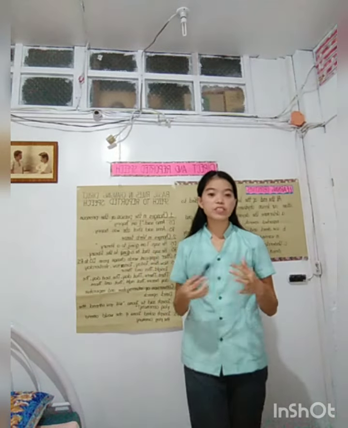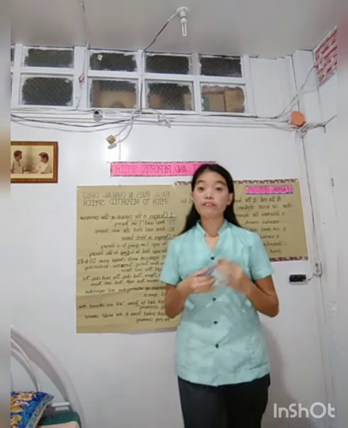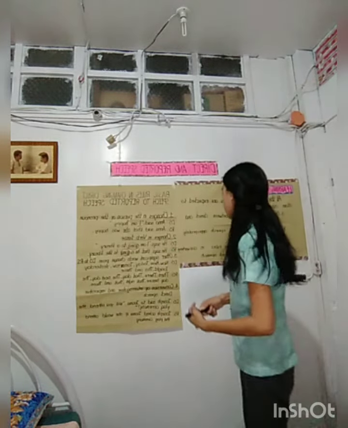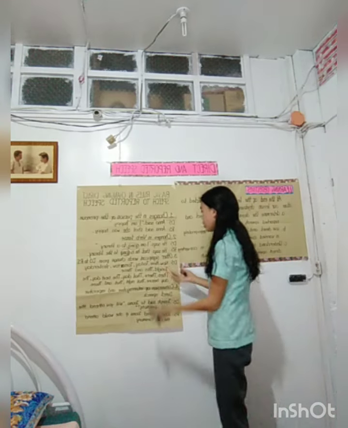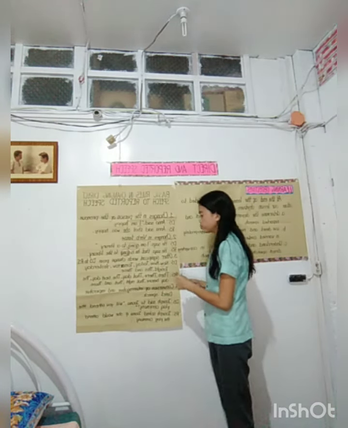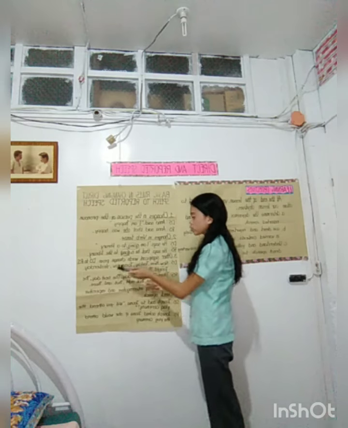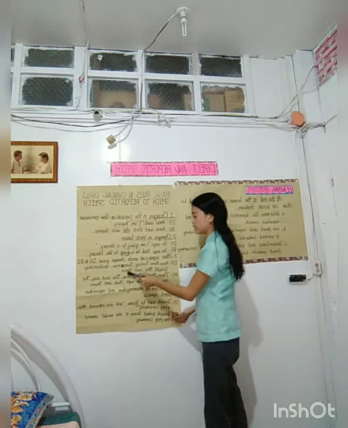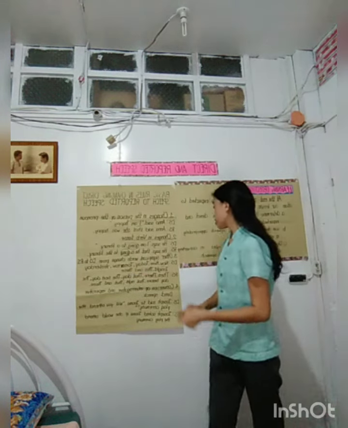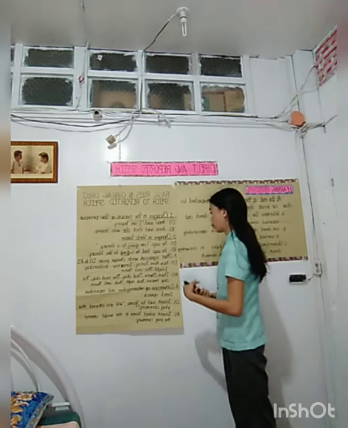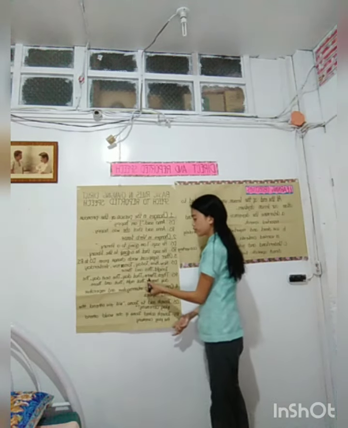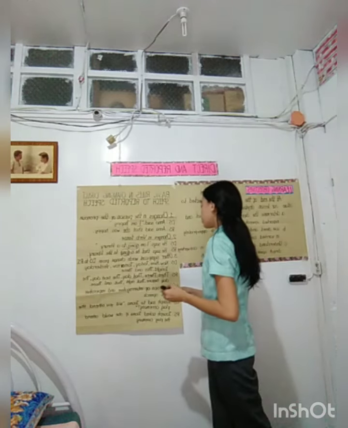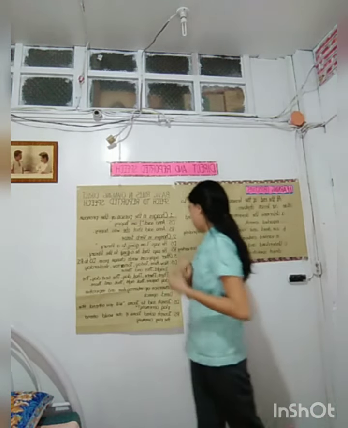For the direct speech, we have now, here, today, tomorrow, yesterday, tonight, this, and these. For the reported speech, we have then, there, that day, the next day, the day before, that night, that, and those.